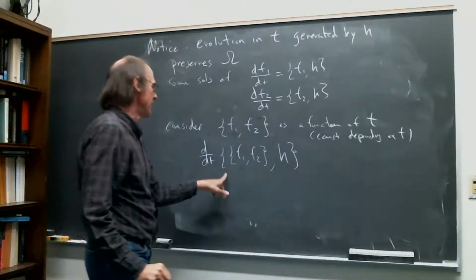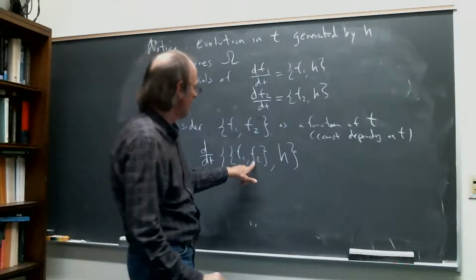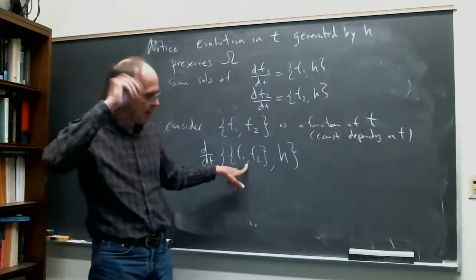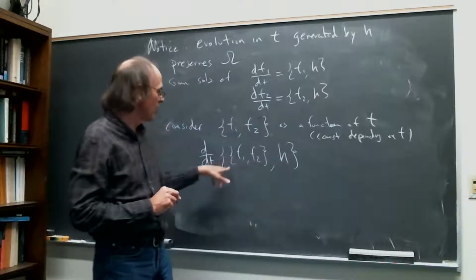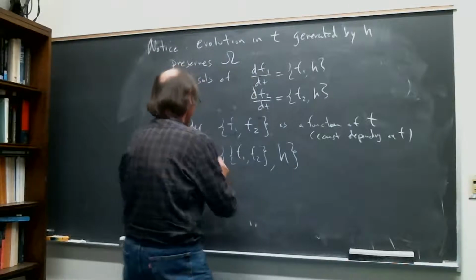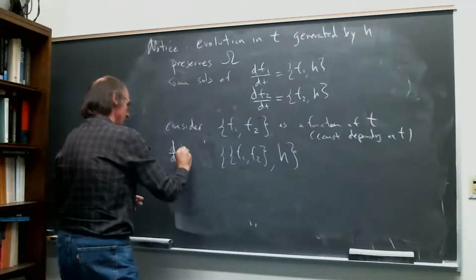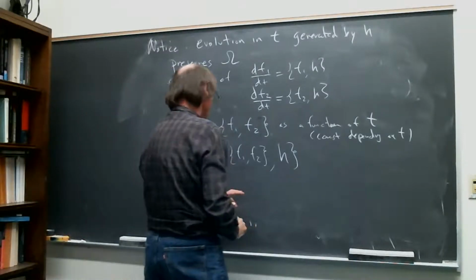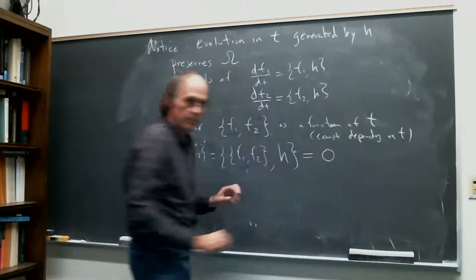So this is just some function of t, but if you bracket a function of t, which is just the identity as a function of p and q, with some quadratic function of p and q, you're going to get, no, sorry, d/dt of f1, f2, but this is equal to 0.